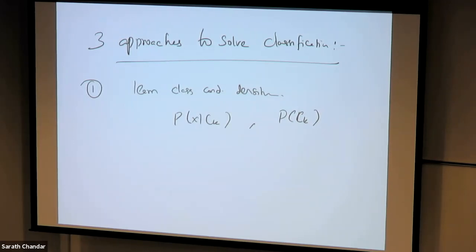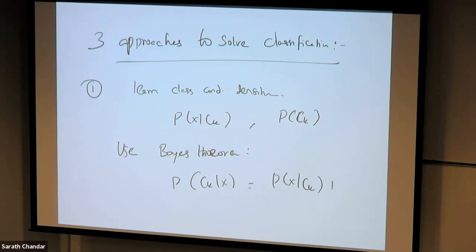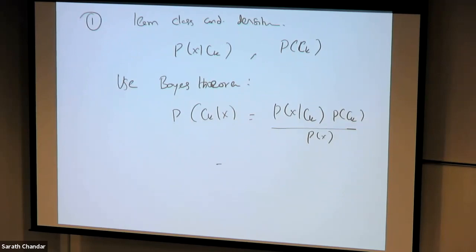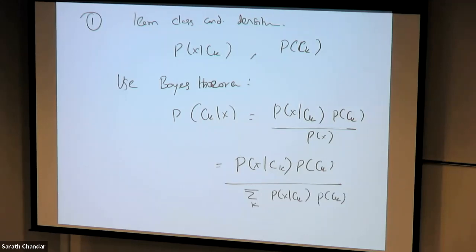Once you learn P of X given Ck and P of Ck from the data, then you can use Bayes' theorem, which will tell you what is P of Ck given X. So P of Ck given X according to Bayes is P of X given Ck, P of Ck divided by P of X, where P of X I can expand as the summation over k of P of X given Ck, P of Ck. I have just expanded P of X here.